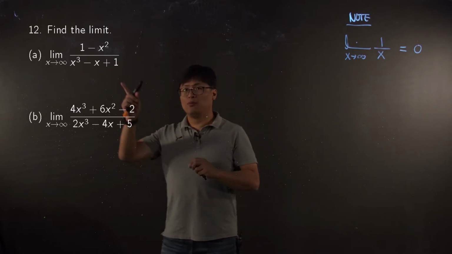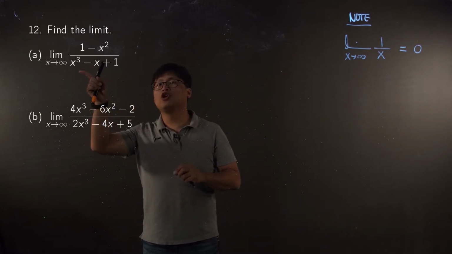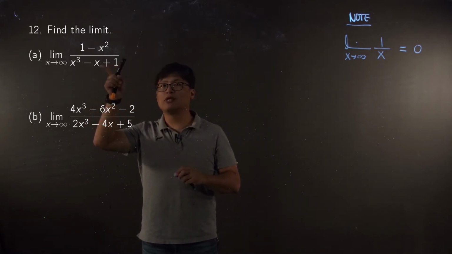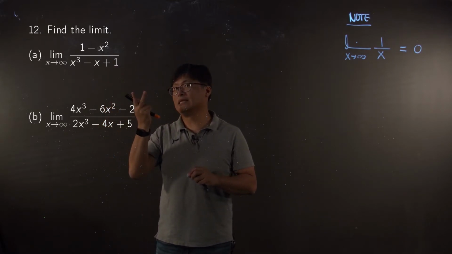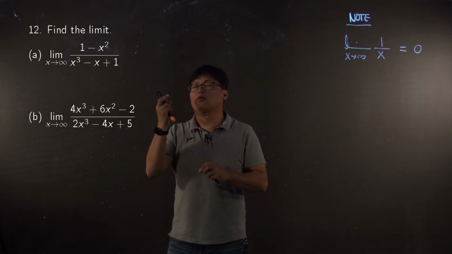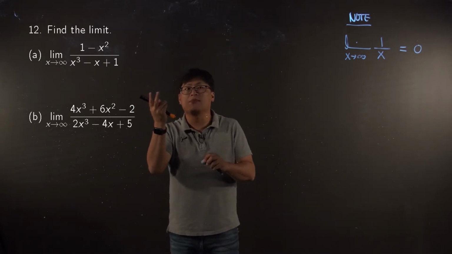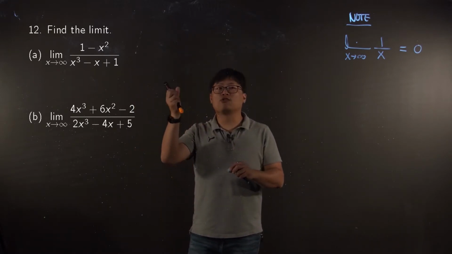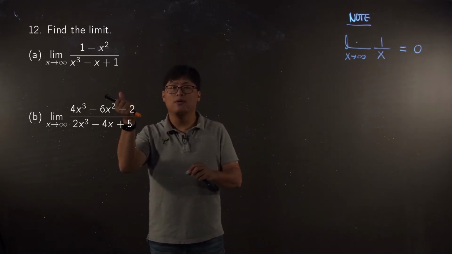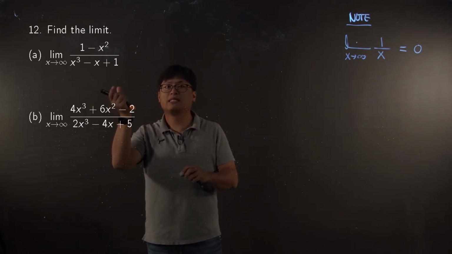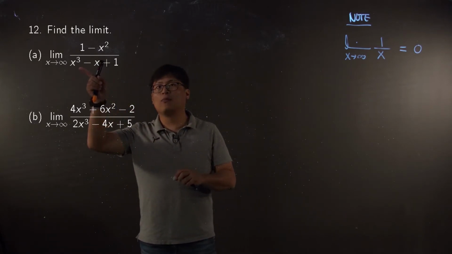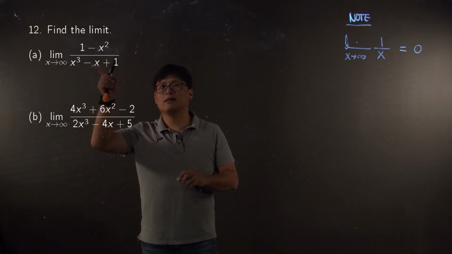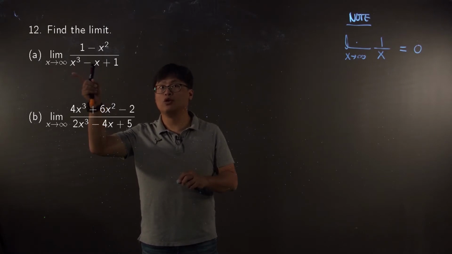When x goes to infinity, x cubed goes to infinity, and the x term goes to infinity as well. But if you think about the speed, even though both are getting bigger and bigger, as long as you have a bigger power, it is faster than the other one.